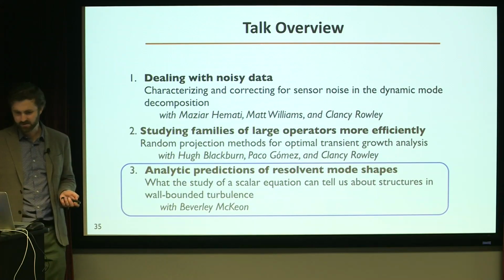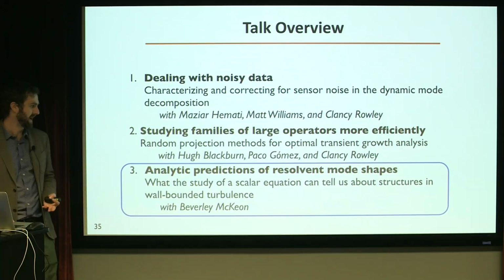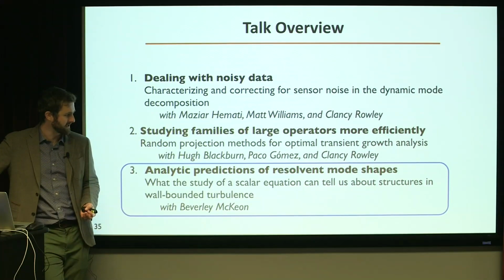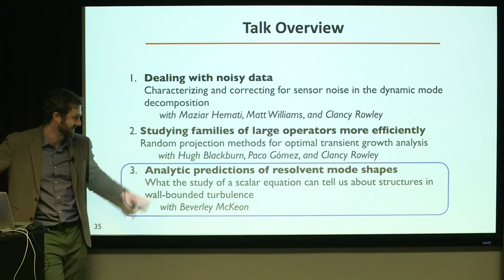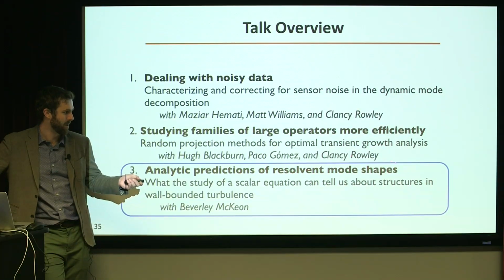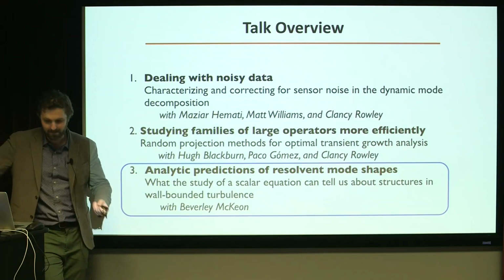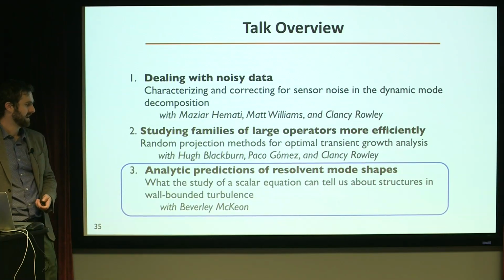So the last thing I want to talk about quickly is actually a bit of a change of pace again. So we're also going to be looking at equation-based analyses. We're again going to be looking at identifying mode shapes. So you can again think back to that separation of variables that I showed originally.